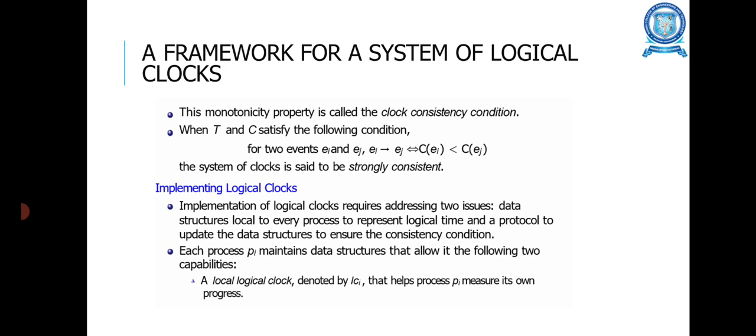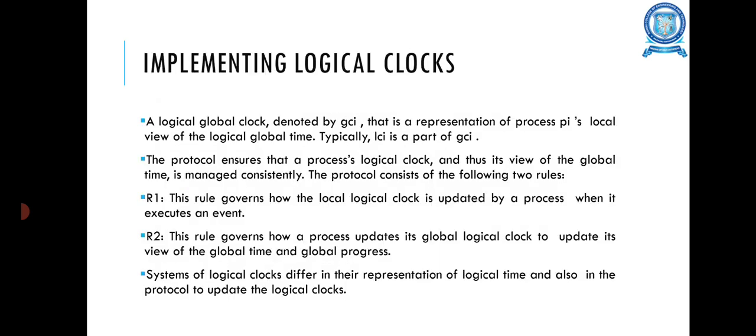Each process Pi maintains data structures that give it the following two capabilities. A logical clock denoted by LCi that helps process Pi measure its own progress, and a logical global clock denoted by GCi, which is a representation of process Pi's local view of the logical global time.